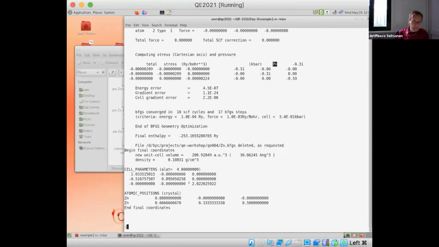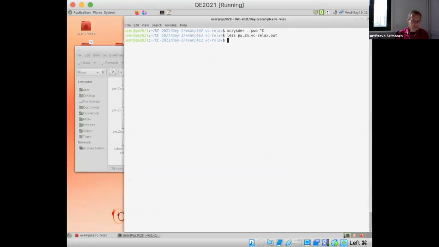And now this one we could use. So the ALAT was 4.80, and I only take the lateral value. Now use a calculator. So we had 4.80, and then we have times 1.033 something.